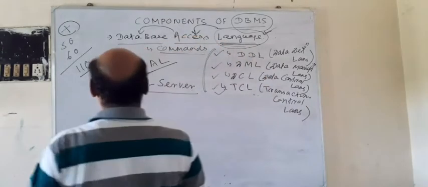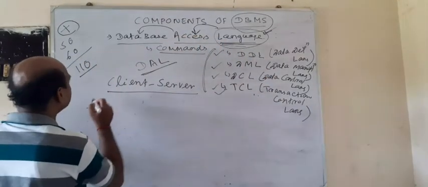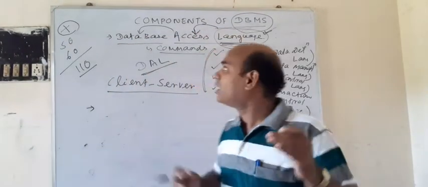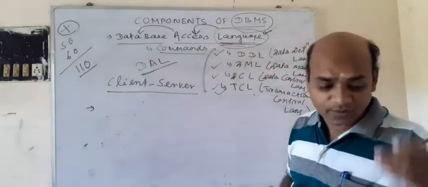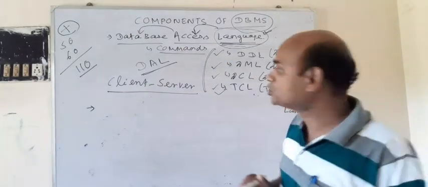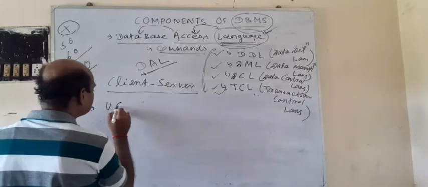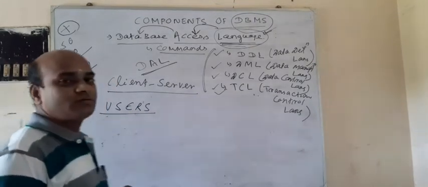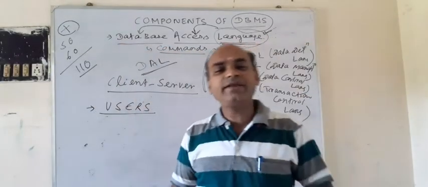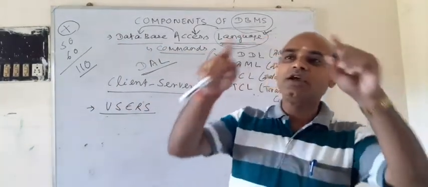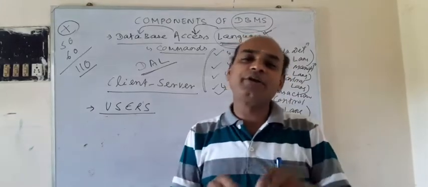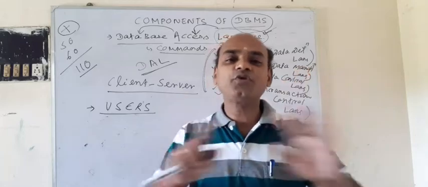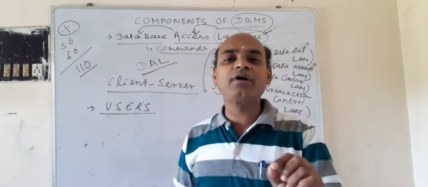So the next point after hardware, software and database access language is the next component, your users. For example, there is a computer, electric power is also there, data is also there, everything is okay, but the computer operator or user is not there.